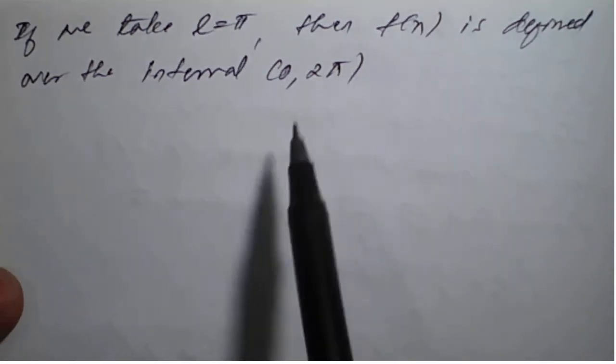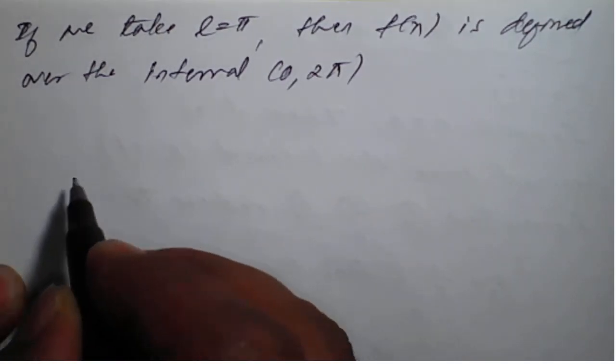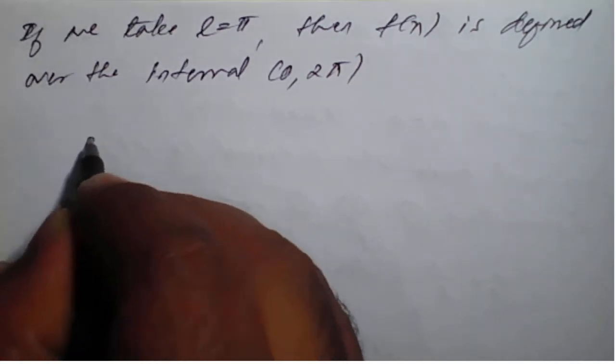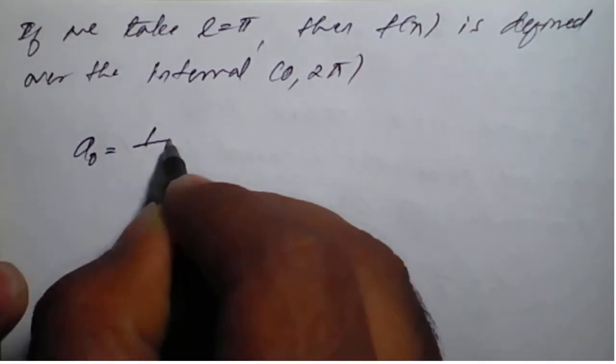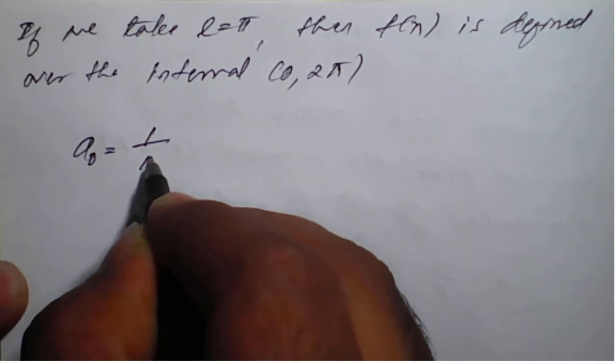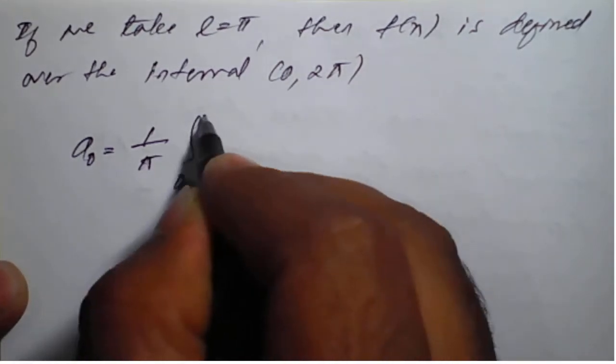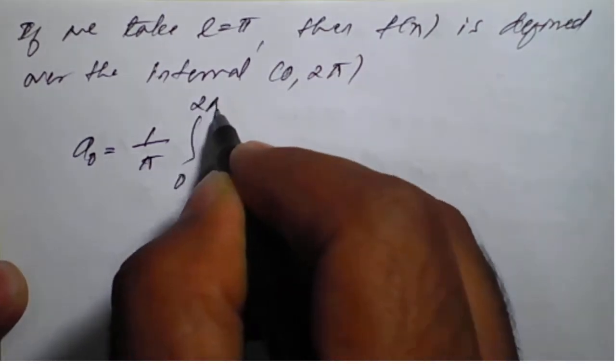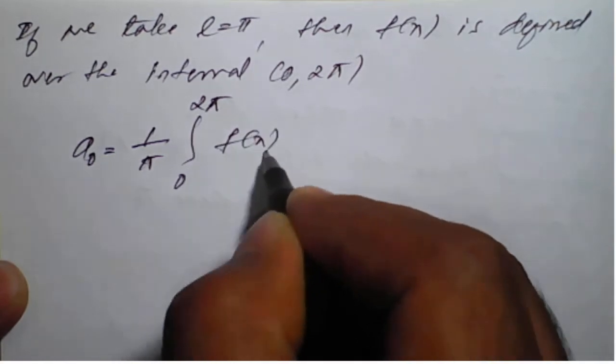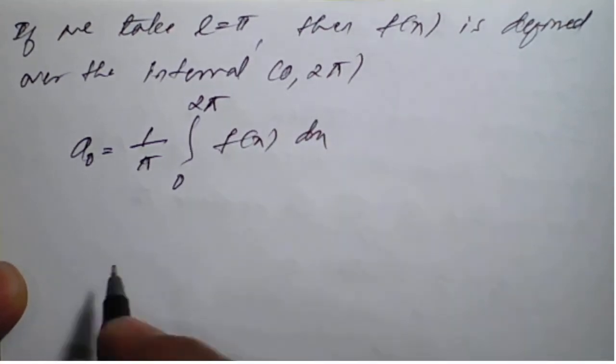If we take L equal to pi, then f of x is defined over the interval 0 to 2 pi. Then the formula reduces: a naught will become 1 upon pi, 0 to 2 pi, f of x dx.